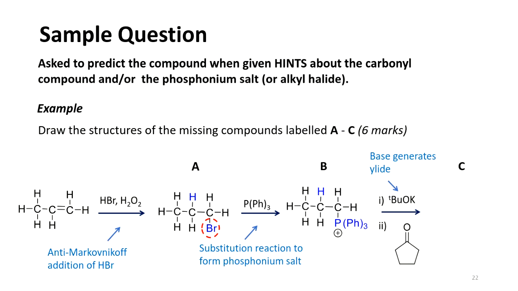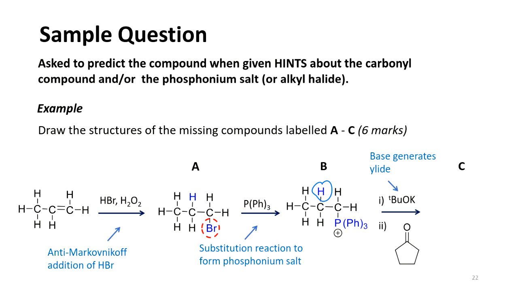So we have basically substituted the bromine with the phosphorus as we did before, and now we have our phosphonium salt. We use the base to abstract the proton. So the base is going to remove that proton, and that will generate our ylide.